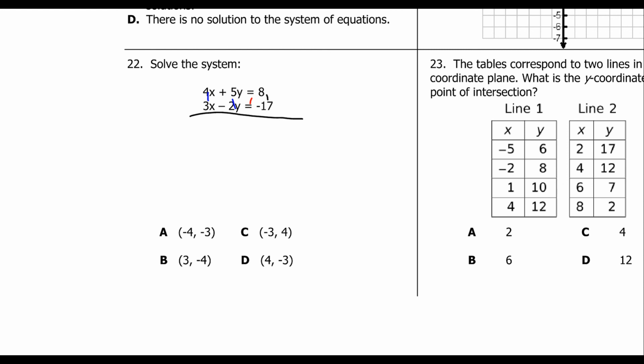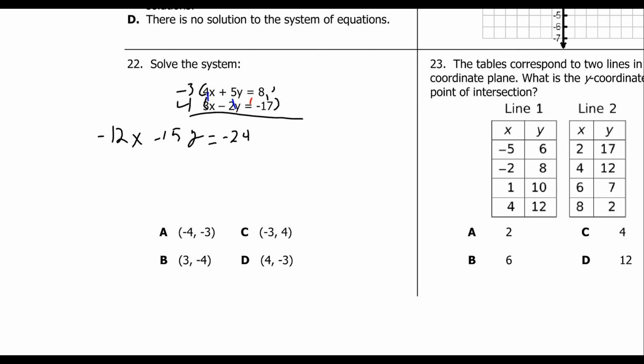What this problem says is that we're going to do some elimination. Now, the easiest thing for me to do would be to multiply this top row by -3 and multiply this bottom row by 4. And what this is going to do is give me an x term that will cancel. Okay, it will give me a nice zero pair out of the x's. So I'm going to have -12x minus 15y equals -24.